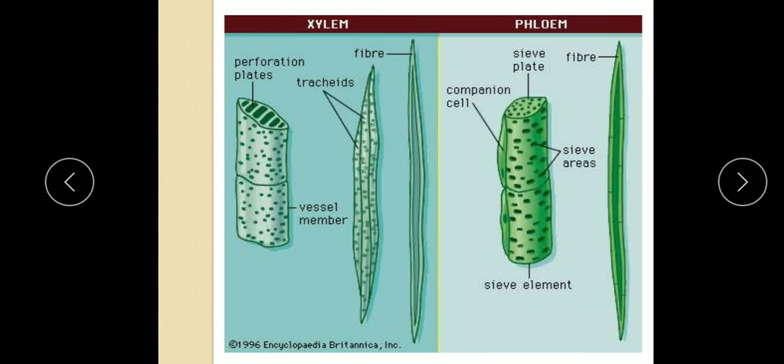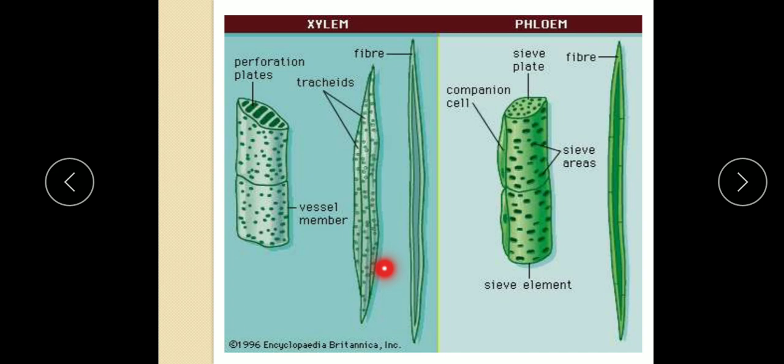Now we'll see the structure of xylem and phloem. You can see in the xylem, these are the perforation plates. This is the xylem unit, this one is the xylem vessel, and these are the xylem tracheids. As I explained already, the xylem vessels are long and cylindrical cells joined from end to end to form long tubes with lignified walls.